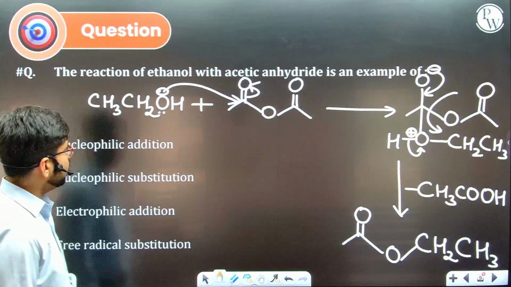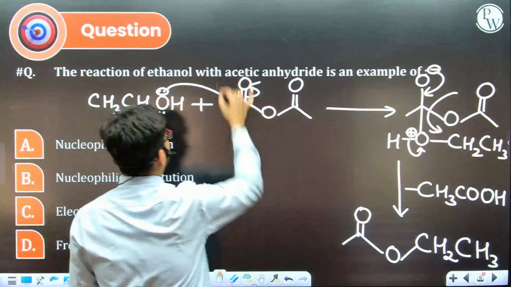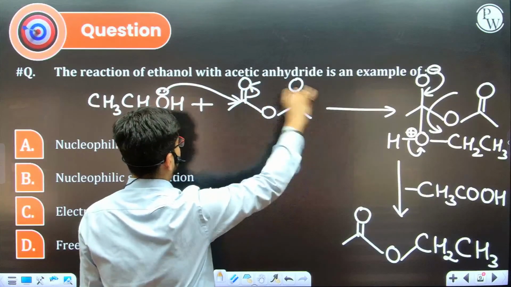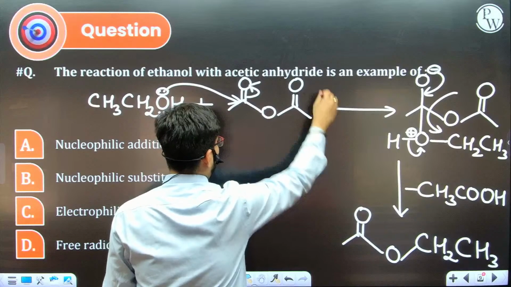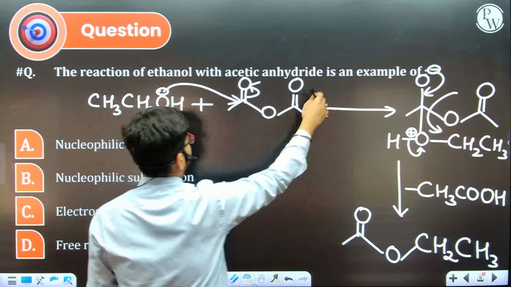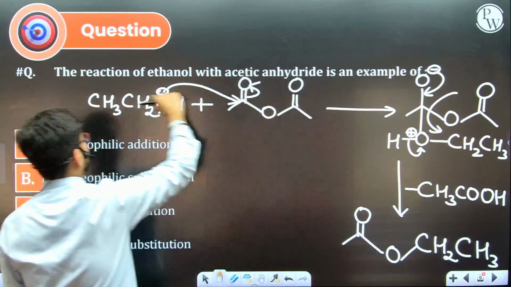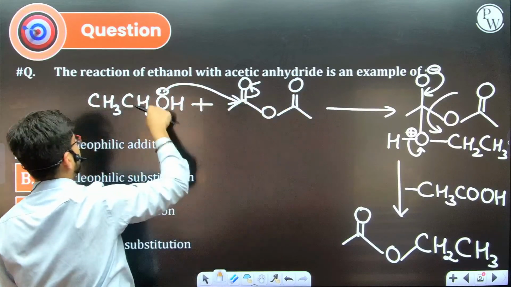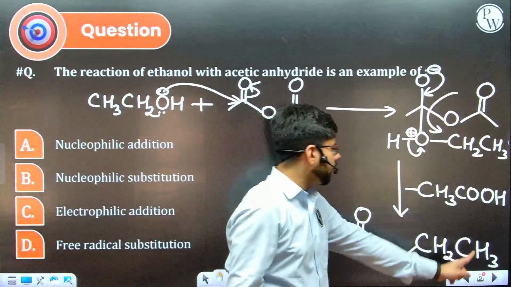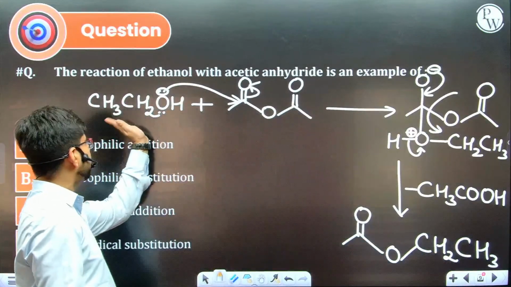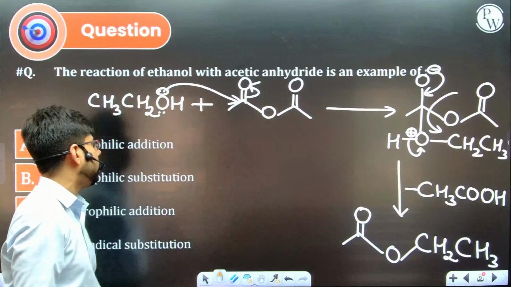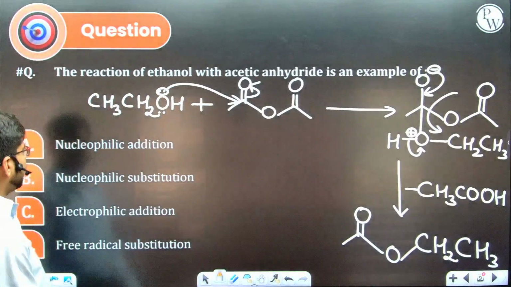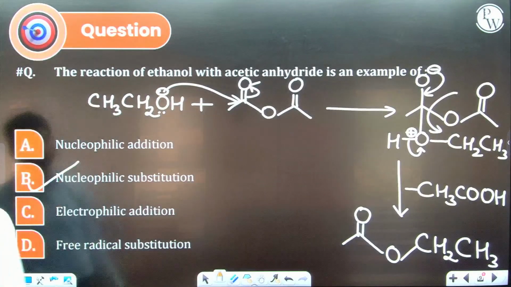So what has happened here? If I focus on this compound, it is acetic anhydride, then this portion has been replaced with this portion, that is OCOCH3 has been replaced by OCH2CH3. So again it is a substitution reaction. This was a nucleophile because it donated its pair of electrons, and so this is again an example of nucleophilic substitution.